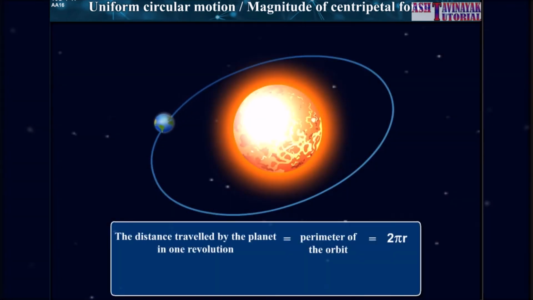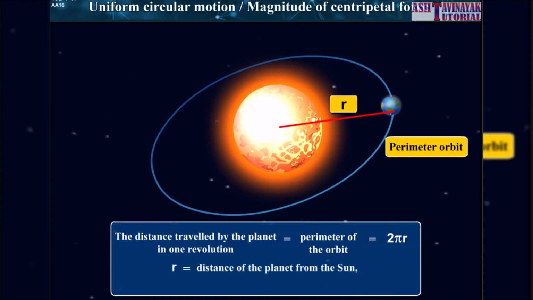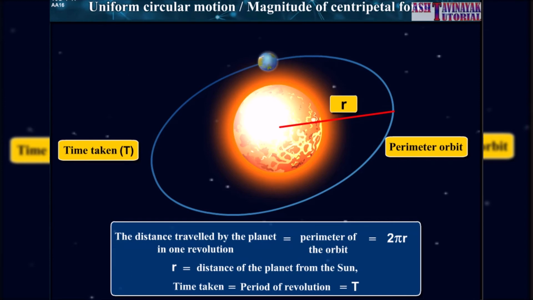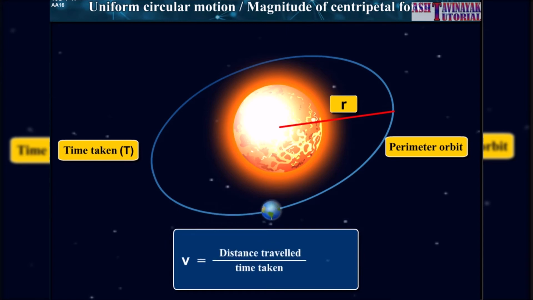The distance travelled by the planet in one revolution is equal to perimeter of the orbit, 2 pi r. r is equal to distance of the planet from the sun. Time taken is equal to period of revolution equals T. Now v is equal to distance travelled upon time taken, which equals 2 pi r upon T.